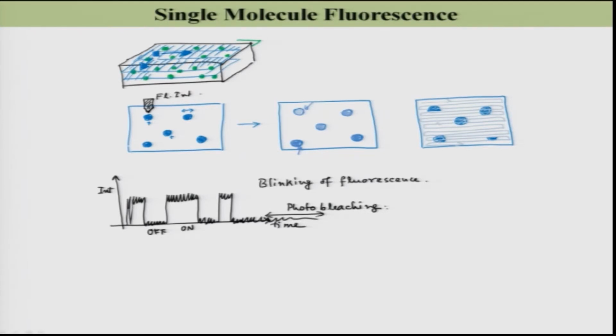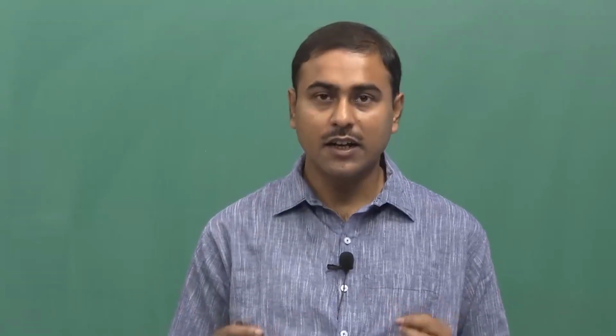Now, if you just sit on a particular molecule and you just keep on monitoring until and unless this molecule goes bad, that means photobleached, then you can get several pieces of information about this molecule.